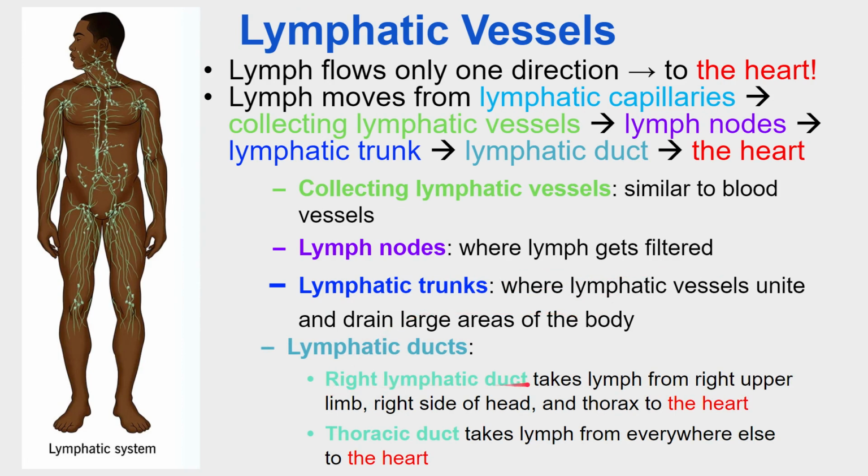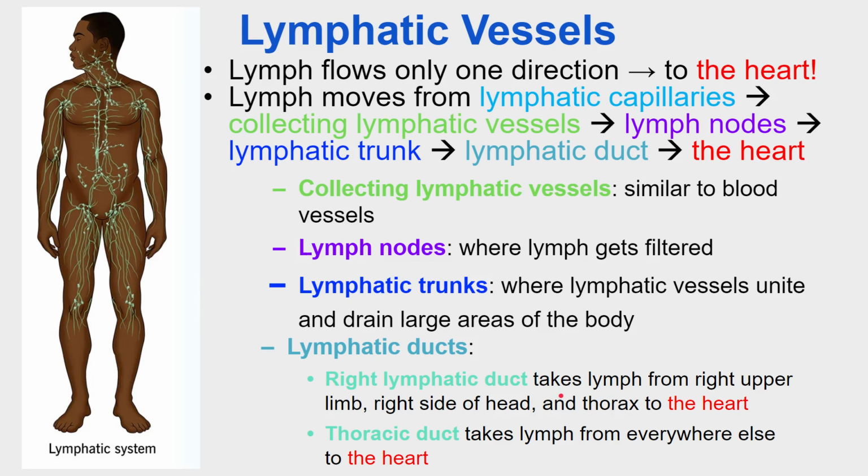And we've got our right lymphatic duct, which takes lymph from the right upper limb, the right side of your head, and your thorax to the heart. Thorax is your chest. And then you've also got your thoracic duct that basically takes lymph from everywhere else back to the heart. So you've just got these two major ducts that everything drains into.